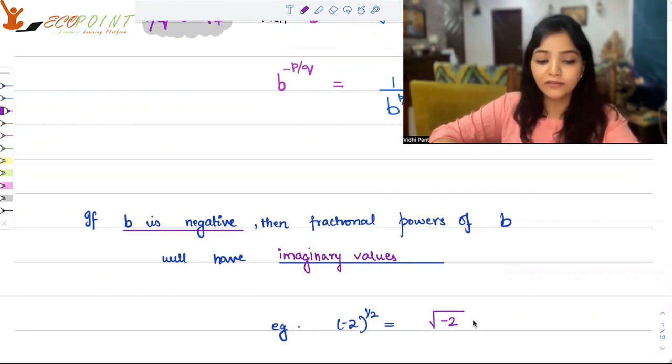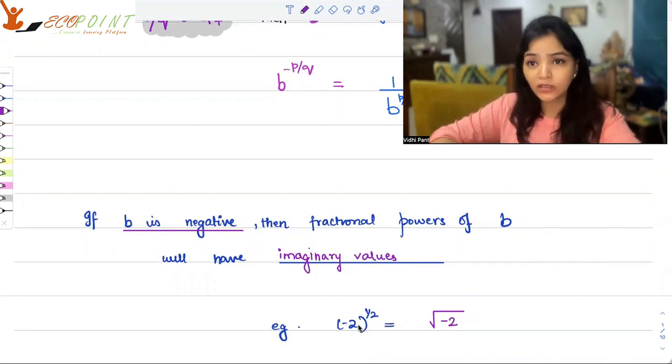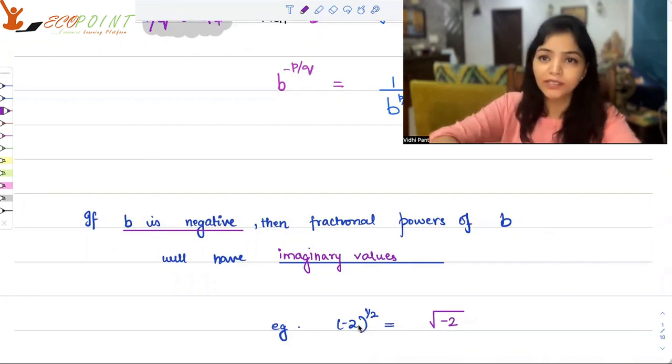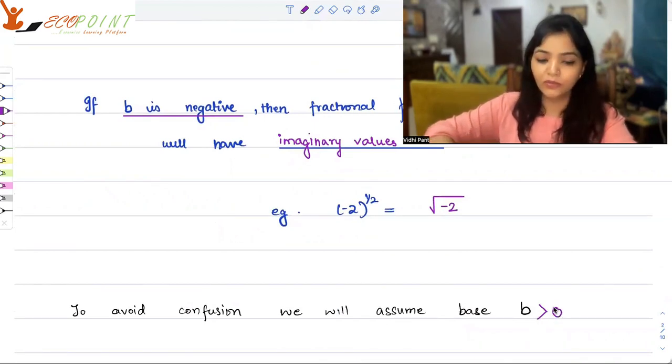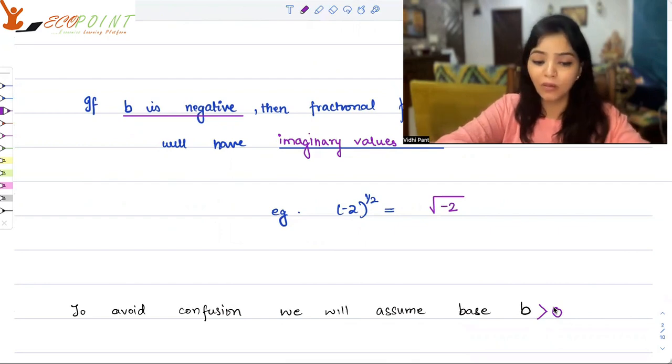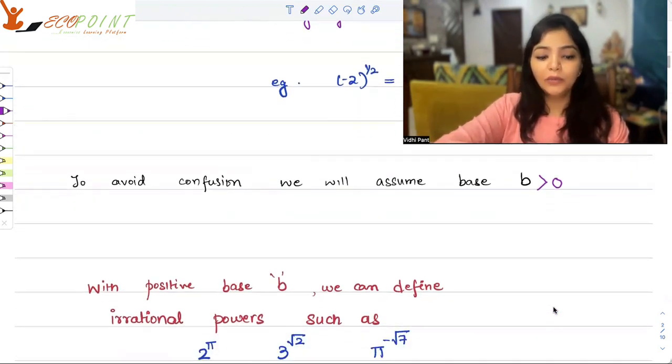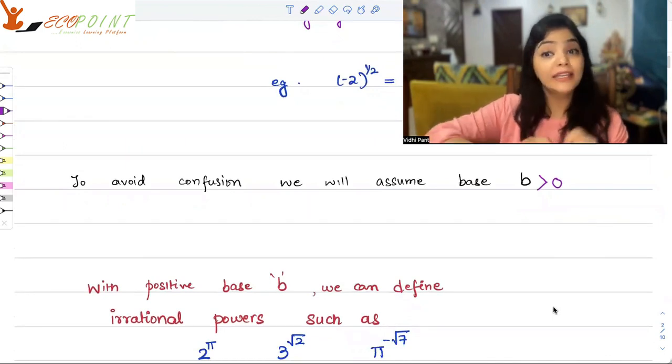It's an imaginary value. So to avoid this complication, we will assume throughout our discussion that b is a positive number. Let's assume that base b is greater than 0 so that we do not face any complication. With positive base b, we can define even irrational power.